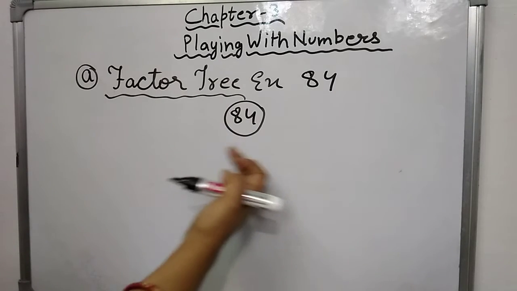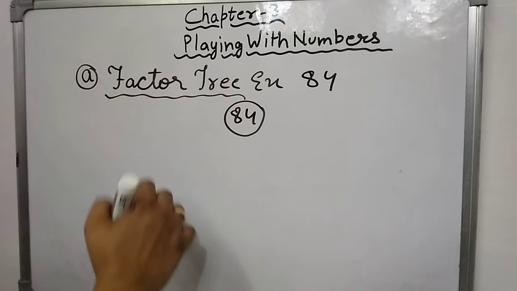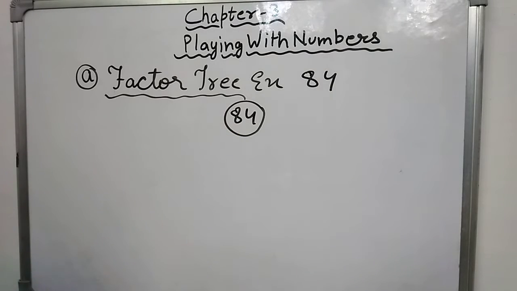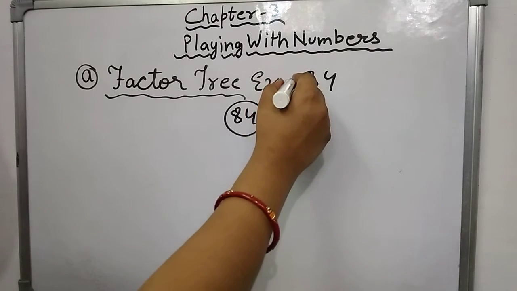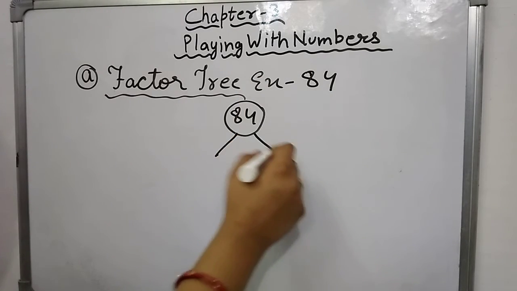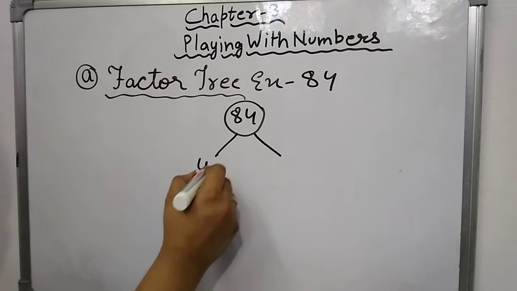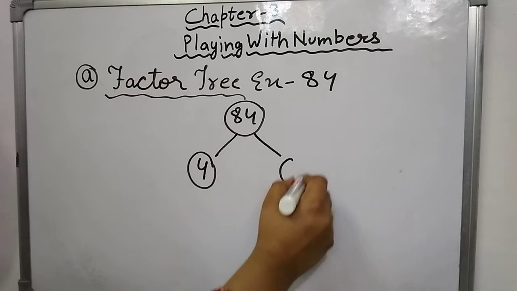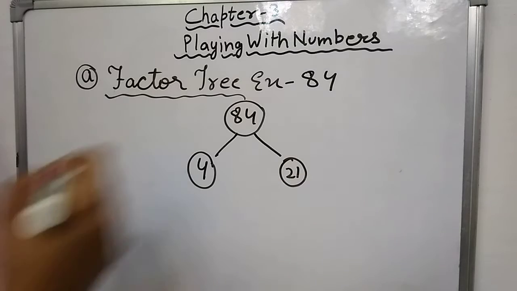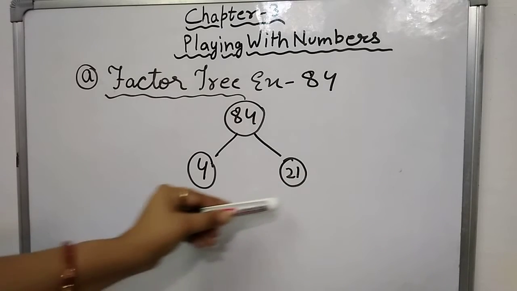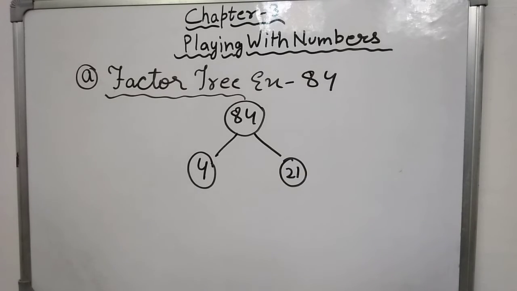Now we will write the next two factors of 84 which immediately come to our mind. We can write any factors, like 4 and 21. As these are the two factors which come immediately to my mind, you can write other factors also.